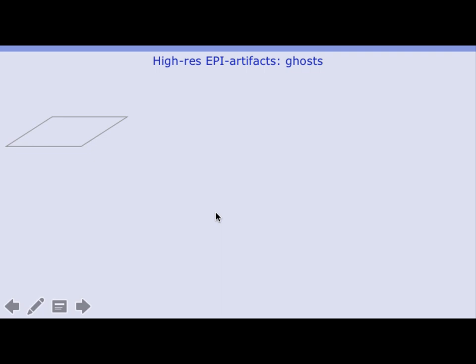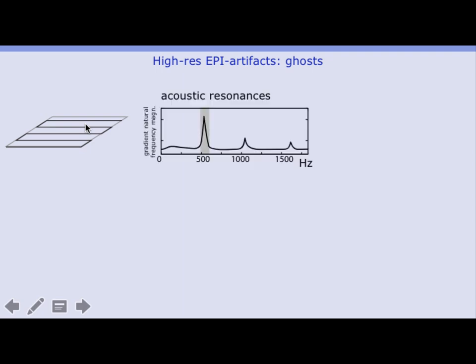So in EPI, when we want to acquire one slice of k-space, we usually go back and forth and back and forth and back and forth. And as soon as you approach matrix sizes and resolutions in the range of 1.5 to 1 millimeter, you get into a regime of switching rates where most of the gradient coils that the high field scanners are equipped with kind of resonate.